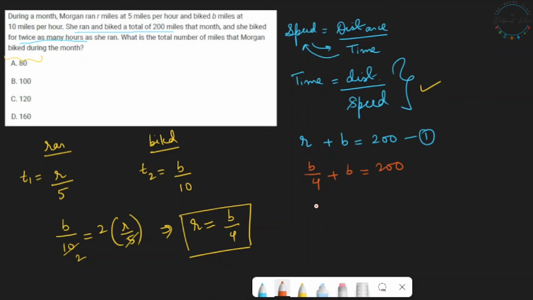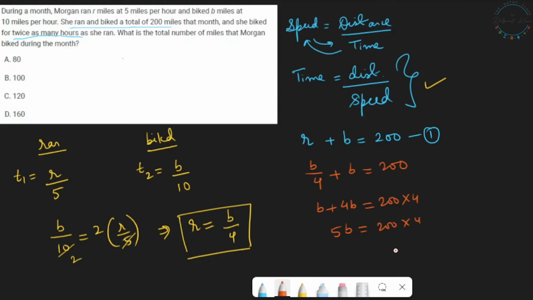Let us take the LCM. B plus 4B will be equal to 200 into 4. So that means 5B is equal to 200 into 4. After that, B will be equal to 200 multiplied by 4 divided by 5.